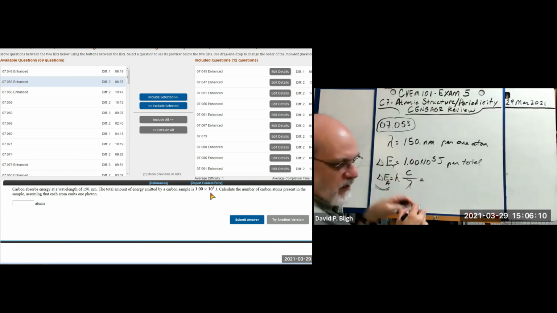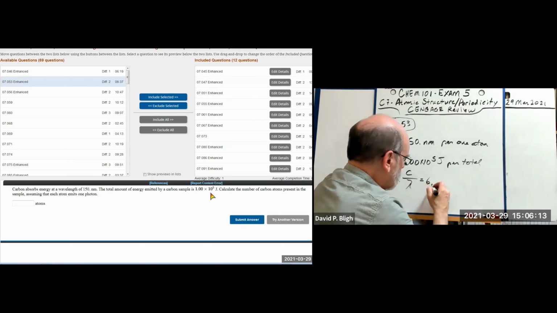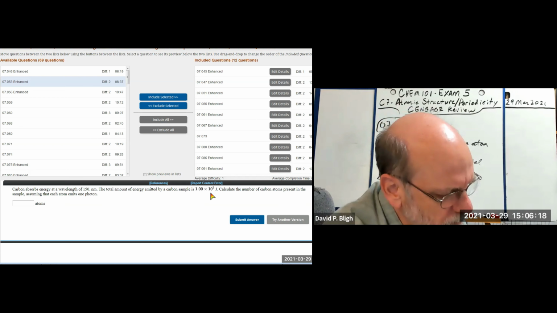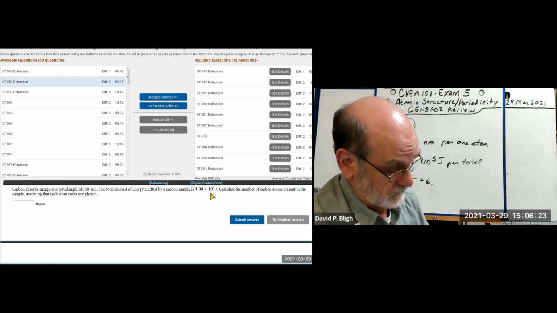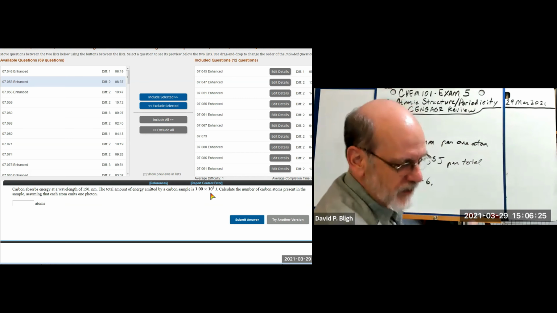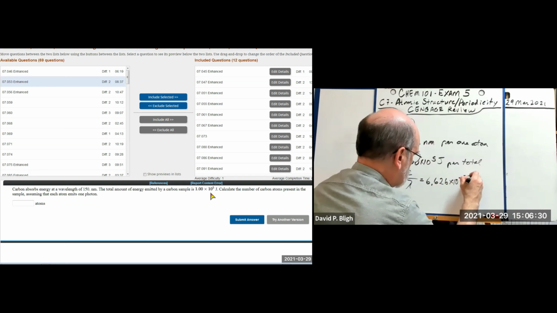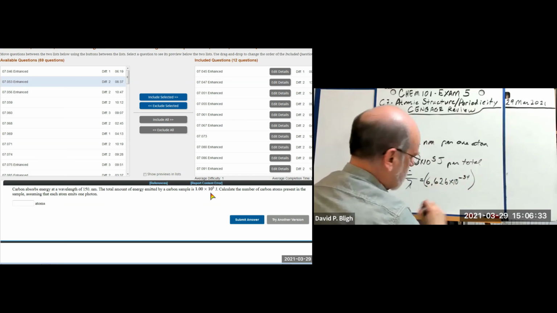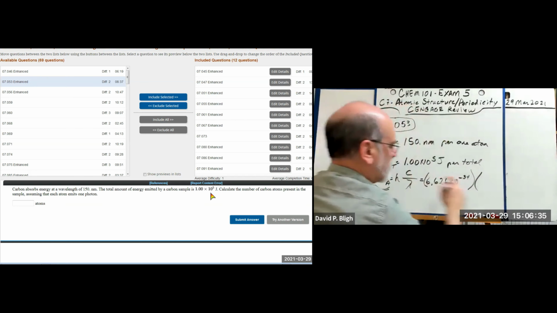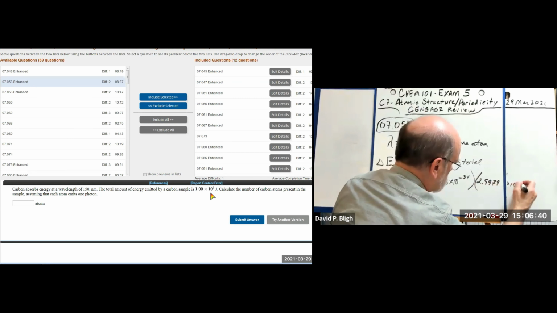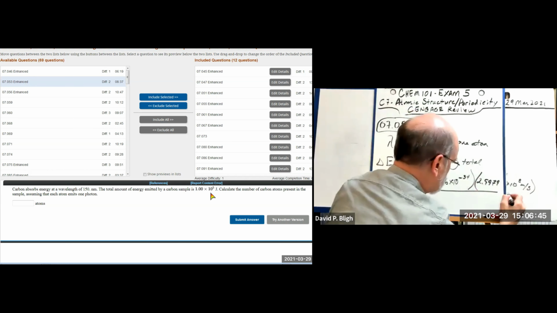And we need Planck's constant, which is 6.626 times 10 to the minus 34. Okay. And then we have the speed of light divided by the wavelength.